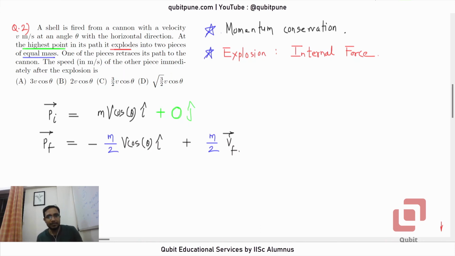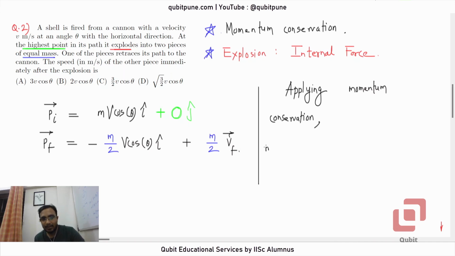Now applying momentum conservation, what do we get? m v cos theta i cap equals negative m by 2 v cos theta i cap plus m by 2 v f bar.